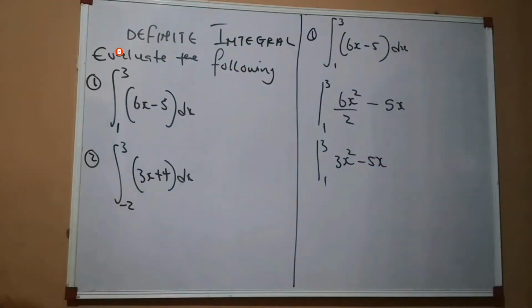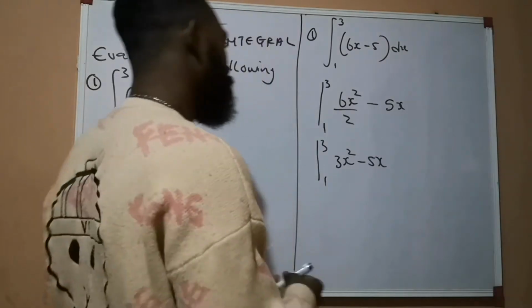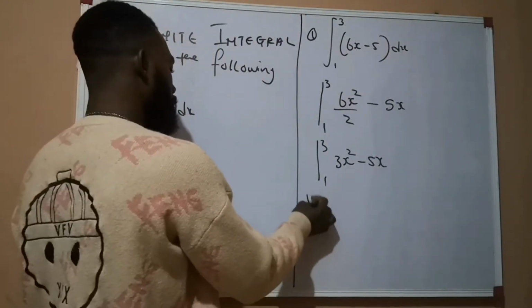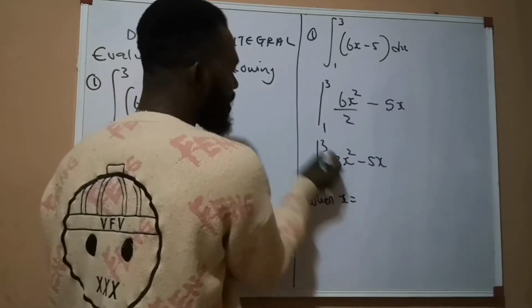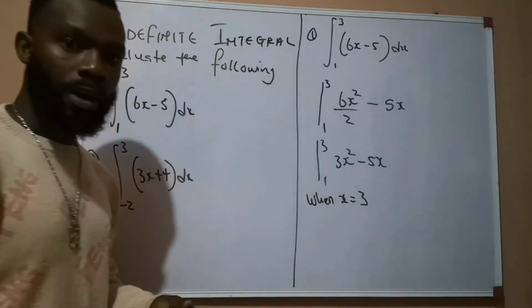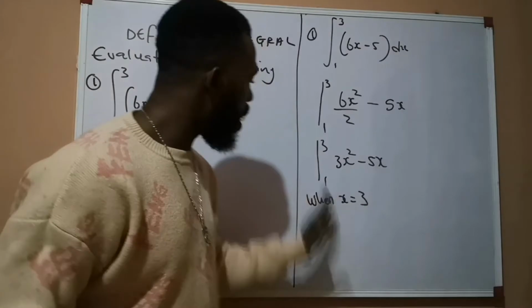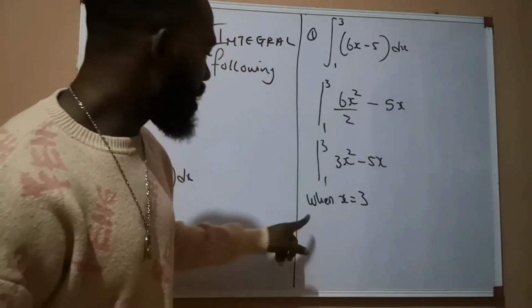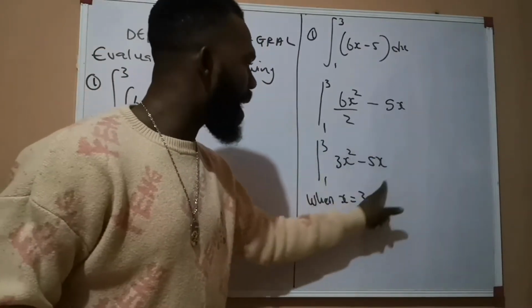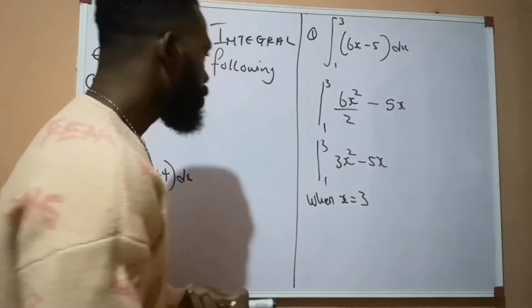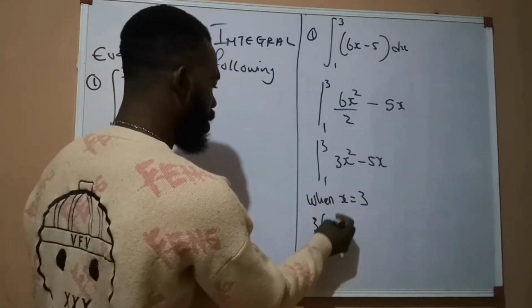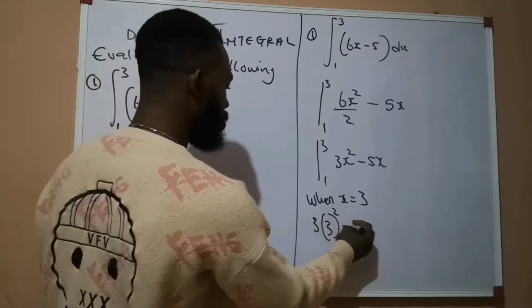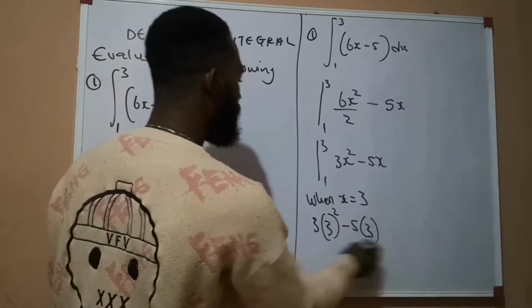Now, at this point, this is what you do. Where x equals the first limit, which is 3. When you are done integrating, we have to make use of the limits. When x is 3, anywhere I see x, I will give 3. So it becomes 3 into the bracket of 3 raised to the power 2 minus 5 bracket 3.